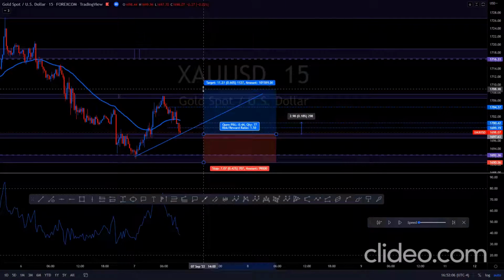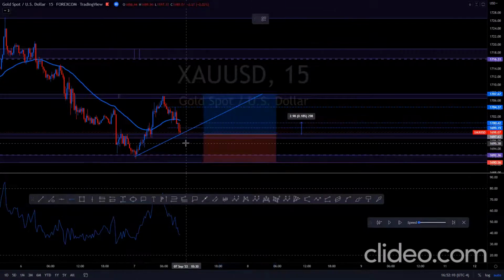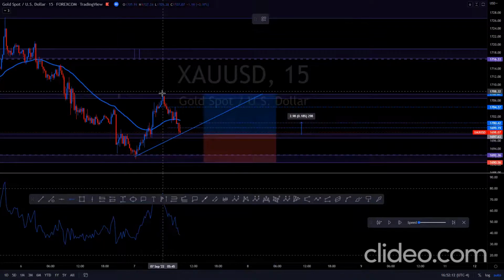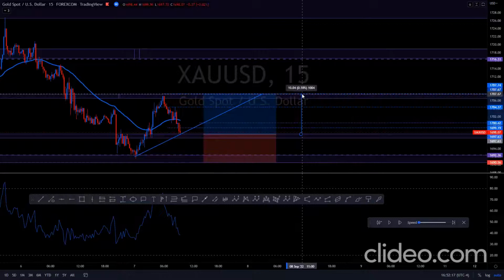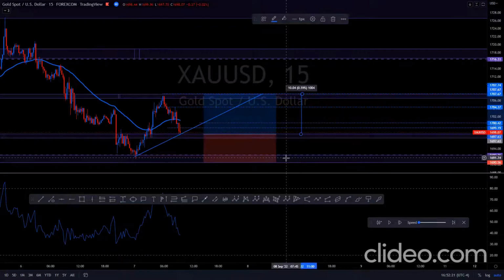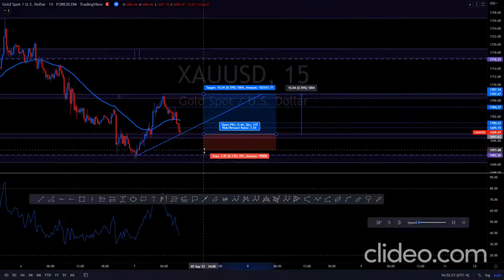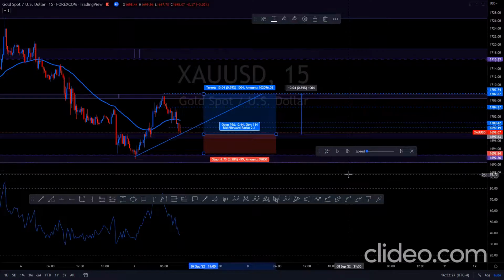That's what I'm going to aim for, the swing high, or at least this liquidity up here. So this is going to be at least over 1,000 points. All right, so let's play it and see how price played out.